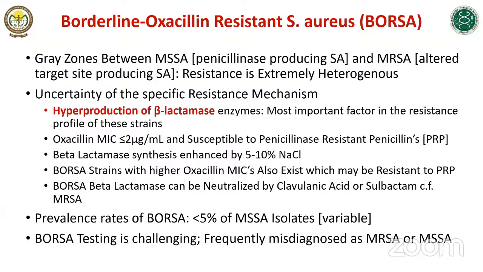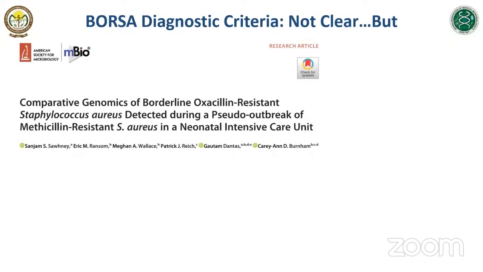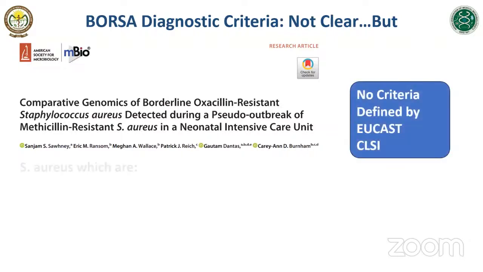The testing of BORSA is very challenging because there are no absolutely defined guidelines for the diagnosis of BORSA. But there was a very interesting article published by ASM in molecular biology that defined BORSA. BORSA, they say, is basically negative for mecA, negative for penicillin-binding protein 2a also.